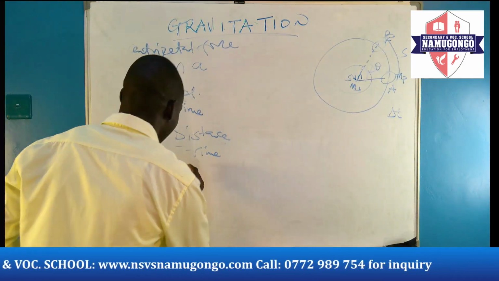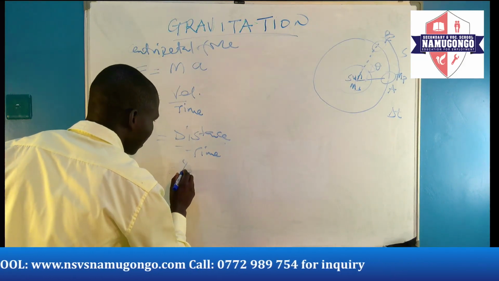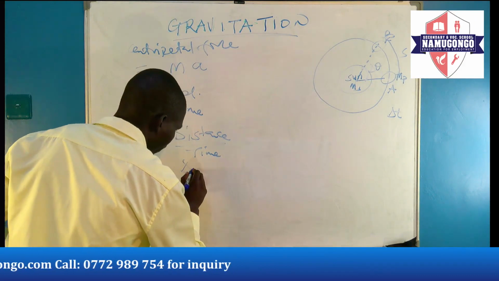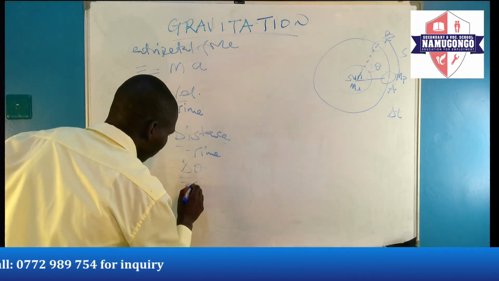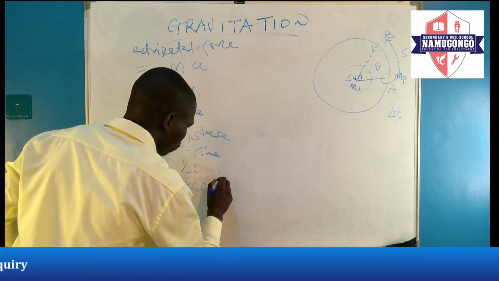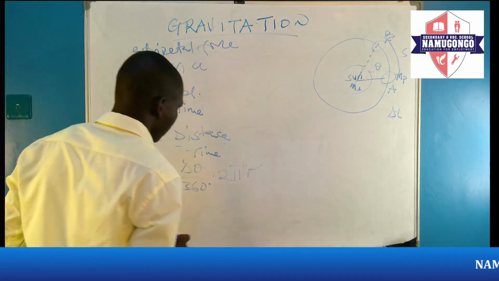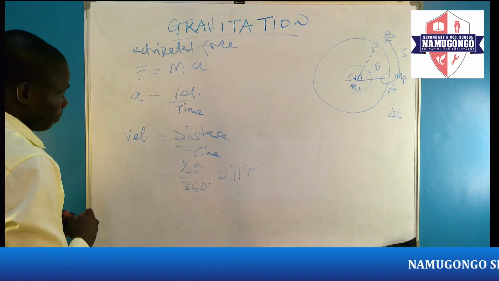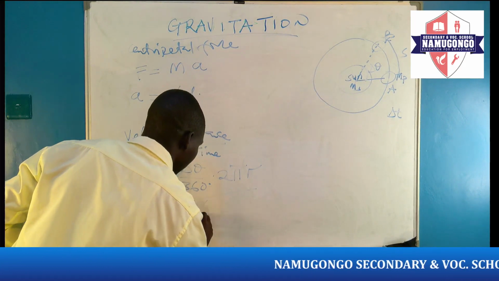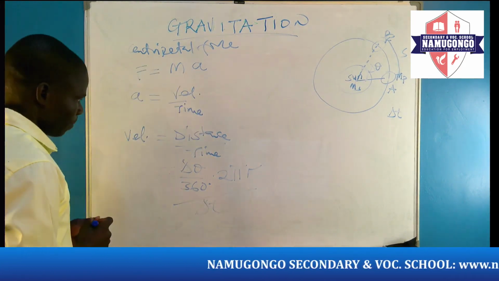So that distance will be given by delta theta out of 360 degrees times the total distance, which is 2 pi r, divided by the total time, delta t.